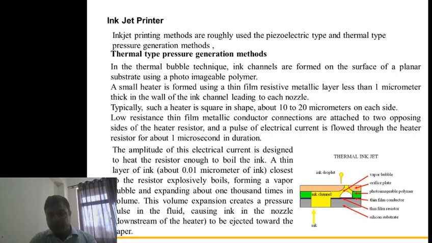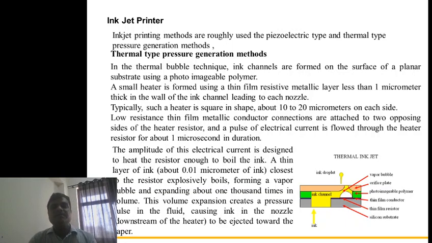In this diagram there is a thin film resistor, a silicon substrate, then a plate, and between the two plates there is a gap where the ink droplet will come out. In the gap there is a vapor bubble that creates pressure so that the ink can come out of this thermal jet with pressure.